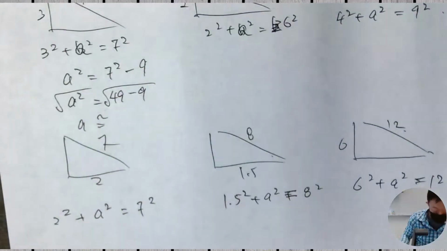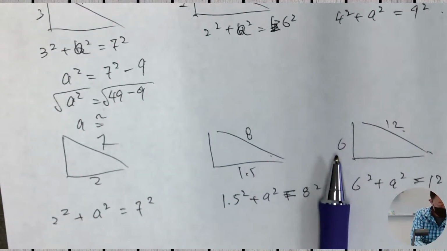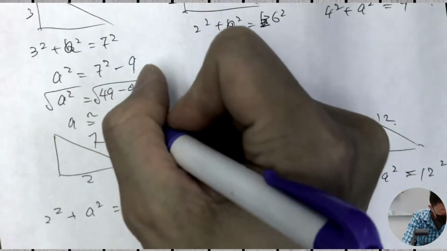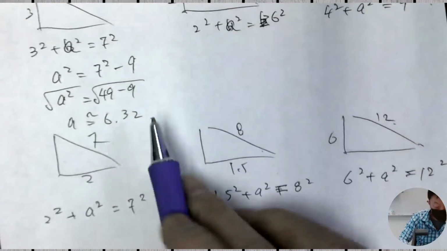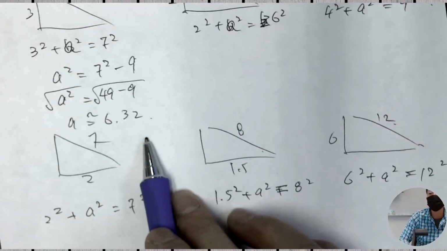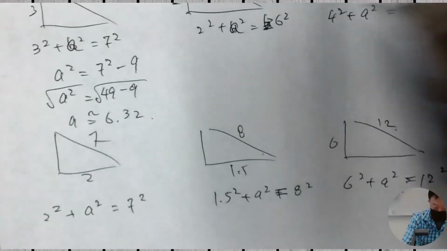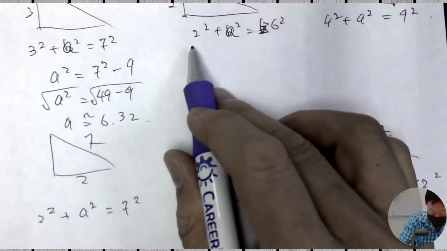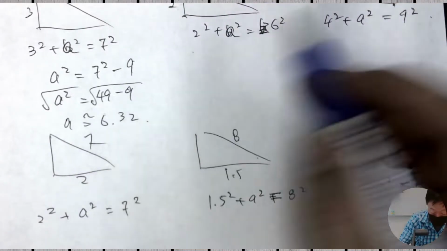A would be approximately the square root of 40, or 6.32. Raise your hand if you got 6.32. Thank you. And then this next one, again, I got a minus of 2 squared, or 4, both sides.